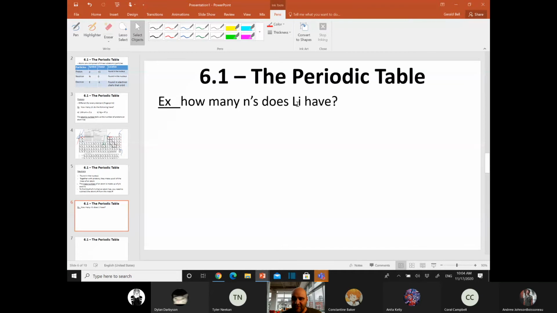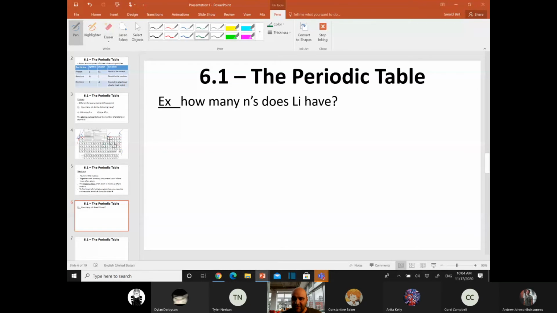N for neutrons. We can use the symbol Li. I mean, that's for lithium. So as long as you understand that there's a couple of numbers on the periodic table that we need, it shouldn't be too bad to answer.